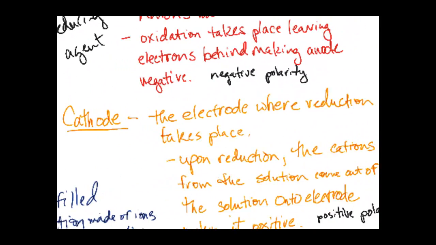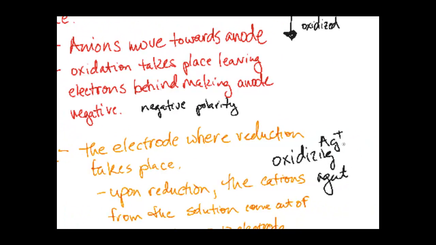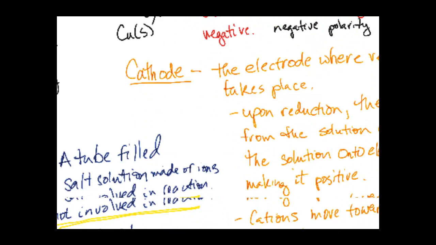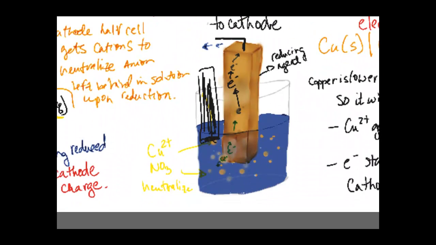And at the cathode reduction takes place, but this is the oxidizing agent, silver plus. Oxidizing agents are usually cations. And reducing agents are going to be the solid. It gives up the electrons so that reduction can take place. Alright, once you know that, the salt bridge neutralizes the electrolytic solutions.